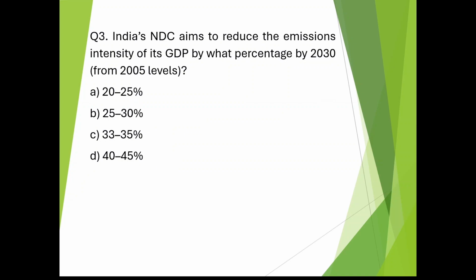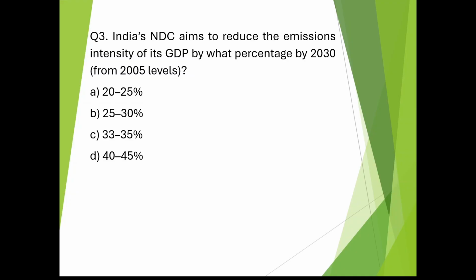Here is question number 3. Try to recall an answer to this question. India's NDC aims to reduce the emissions intensity of its GDP by what percentage by 2030? And this is in reference to the 2005 levels.